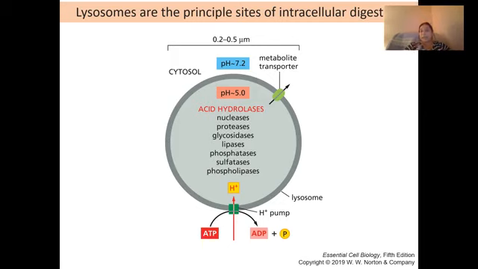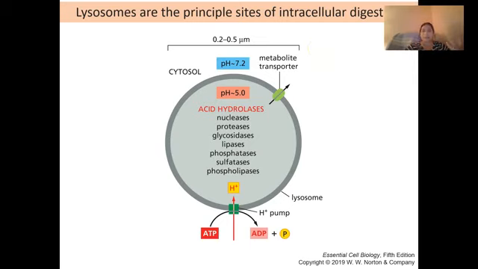Now, inside the lysosome, when the contents are taken in there, it is kind of like a mini stomach, right? It has a lot of hydrolytic enzymes that can destroy nucleotides, or they have nucleases that would destroy DNA or RNA. They have proteases that would destroy proteins.